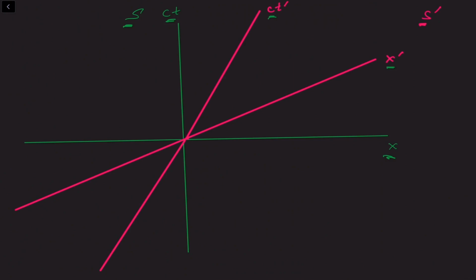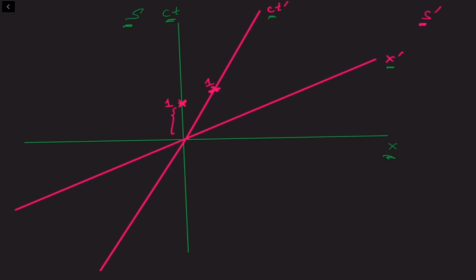Now, recall that if I take a unit time along the ct axis, the length of this unit time is different from the length of the unit time as measured along the ct prime axis, because to get that unit length, we would again have to draw the unit hyperbola passing through this point, and so that unit length in time for the ct prime axis would lie somewhere here.